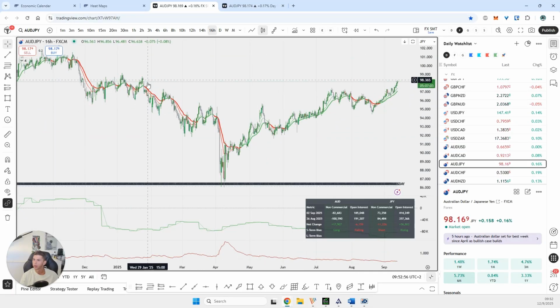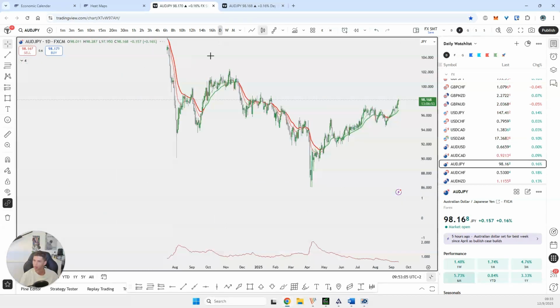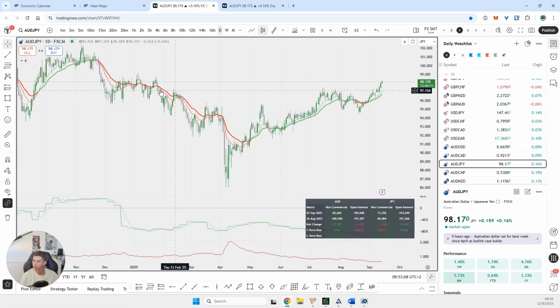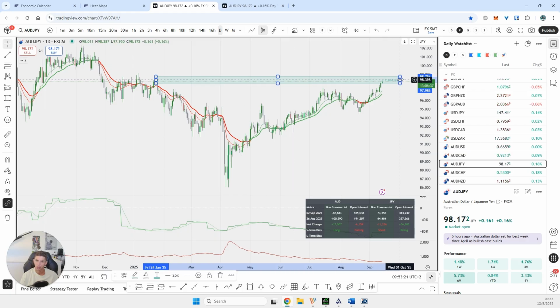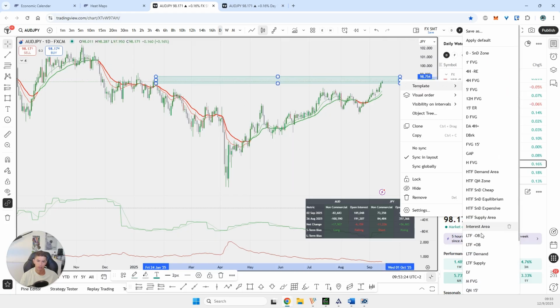We're filling this gap right there. Interesting. It's so far away. I don't see this holding. Yeah, we do have this supply area, right? Here. We're within a daily supply.